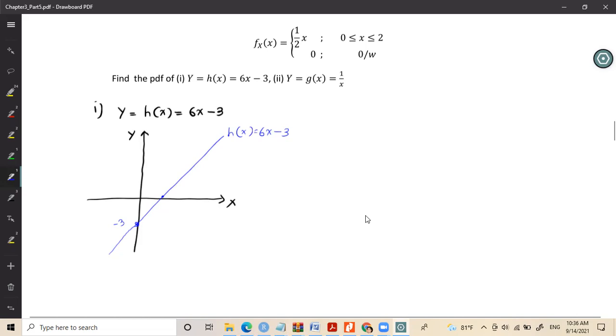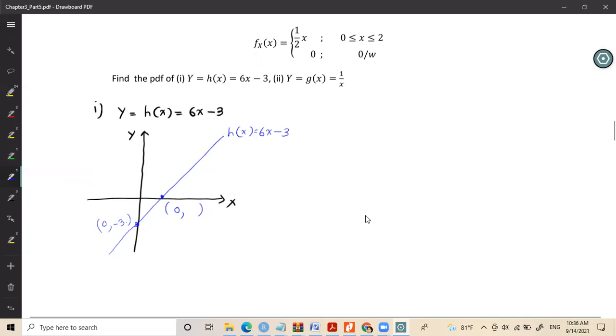So here's the y-intercept. And what will be the x-intercept? When y is 0, what is the value of x? Substitute the value and check it.